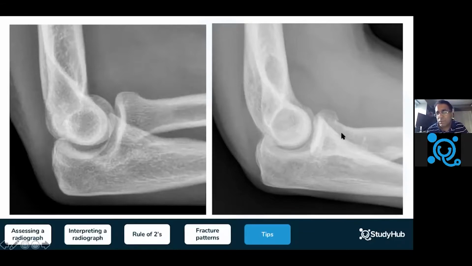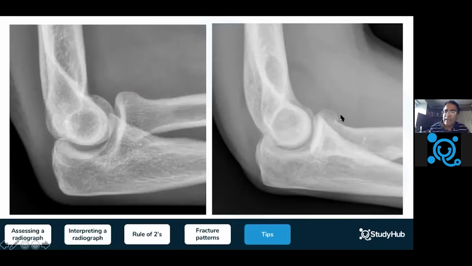Whereas if you come to this radiograph, which has got the effusion over here, you can trace the bone going over there, and then suddenly it's almost like it's at 90 degrees over here. So if I was just to annotate this picture, over here you can see it's a smooth curve, whereas over here it comes up to this point and it just takes sort of a 90 degree turn. So you've got this sharp angle, and in fact you can see there is a small fragment of bone protruding out over here.